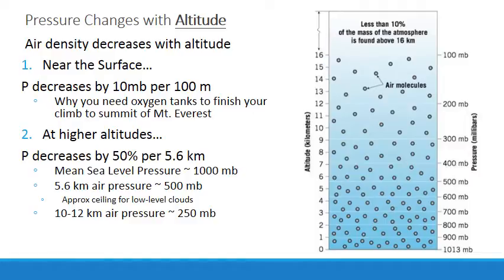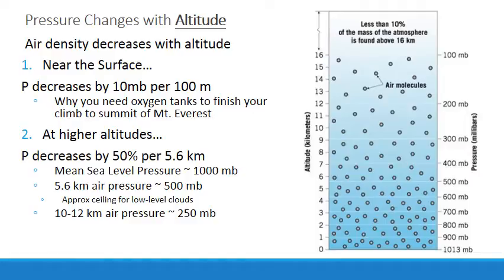Remember that near the surface, air pressure decreases by about 10 millibars for every 100-meter increase in elevation, or about an inch of mercury for every 1,000-foot rise in elevation. Further, atmospheric pressure falls by approximately 1/2 for each 5.6 kilometer increase in altitude. So at 5.6 kilometers, the pressure is 500 millibars, about 1/2 of the sea level value.